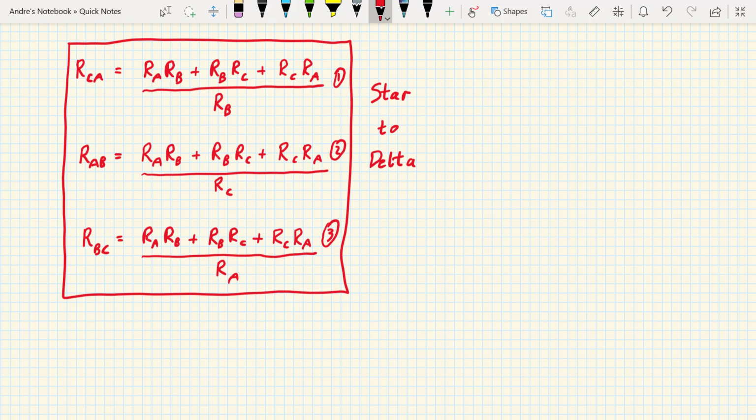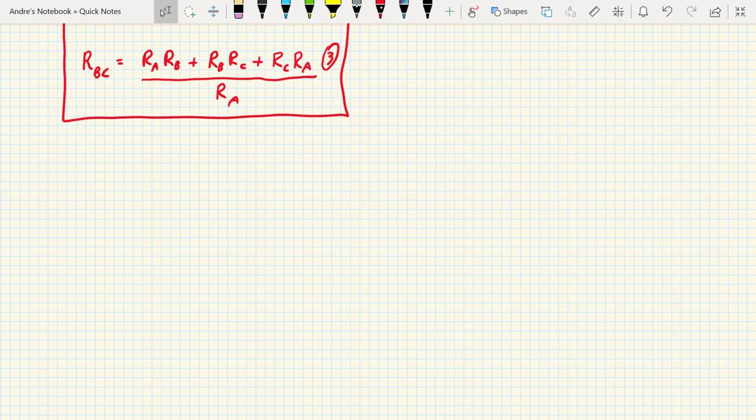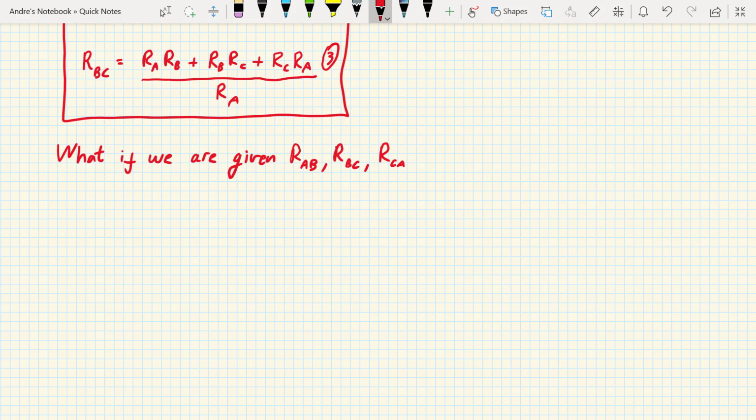But what about if we'd have wanted to do the calculation the other way round? In other words, if we start from the delta network and want to calculate the resistor values in the star configuration, what we need to do is to take equations 1, 2 and 3 and rearrange so that RA, RB and RC become the subjects of the equation.